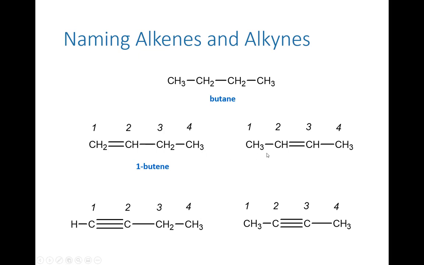If we take a look at this one, we'll see that we also have a 4-carbon chain. It also has an alkene, and regardless of which way we number it, the alkene begins on carbon number 2. If we numbered it this way, 1, 2, it would still begin on carbon number 2. So this is going to have a very similar name to the last compound, except since the alkene begins on carbon number 2, we name it 2-butene.